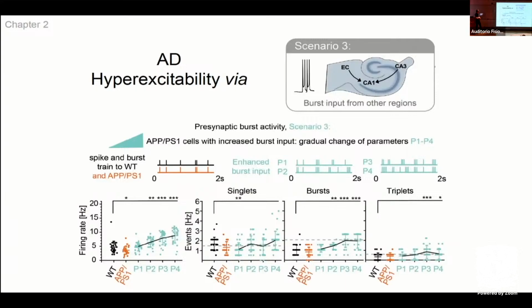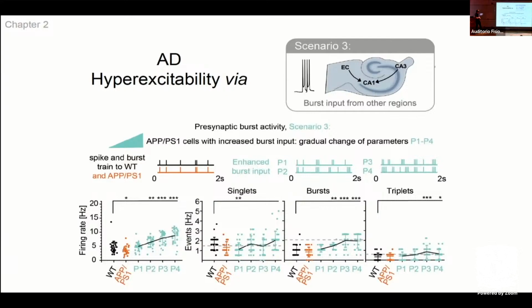So we started by having an input with a majority of singlets and only one burst, which is a doublet here. And then we increased it step by step from parameter 1 to parameter 4, adding more and more bursts and fewer singlets. And in that case, parameter 3 showed the best match with the data.